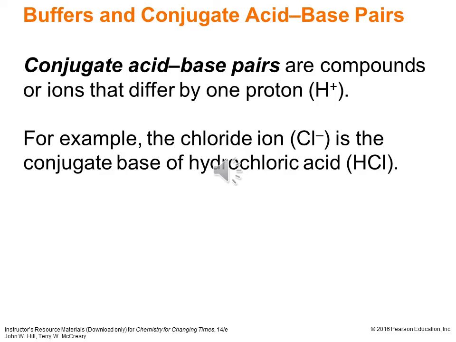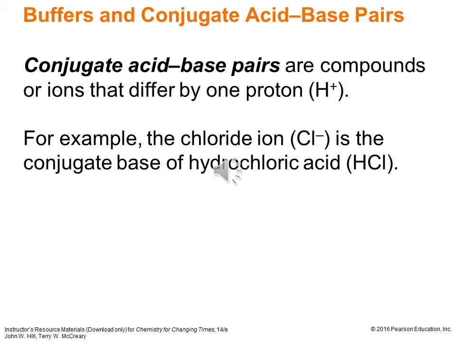Okay, so if we think back to the Bronsted-Lowry definition of acids and bases, acids are proton donors and bases are proton acceptors. If we look here at HCl giving up an H+ to water, it would leave behind a Cl- and also form H3O+.